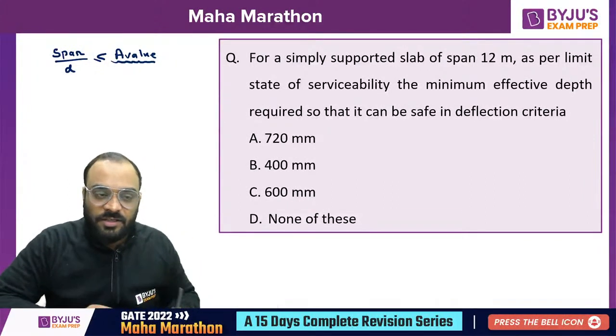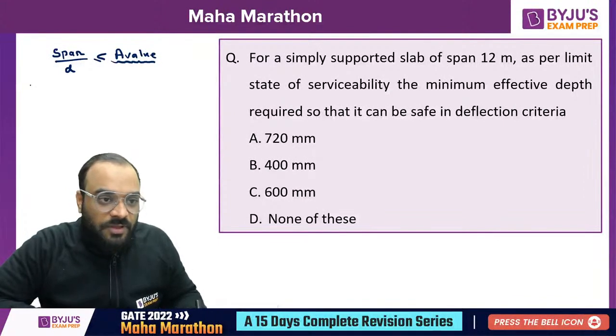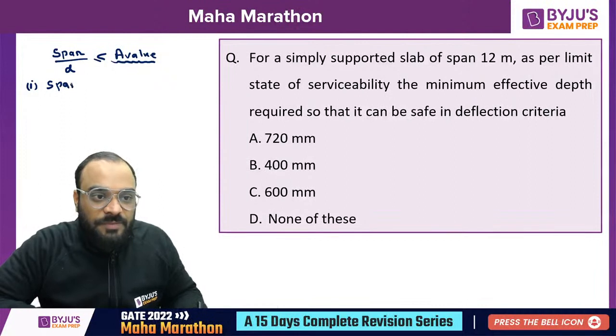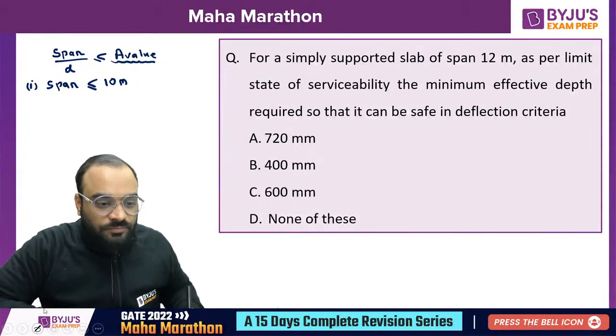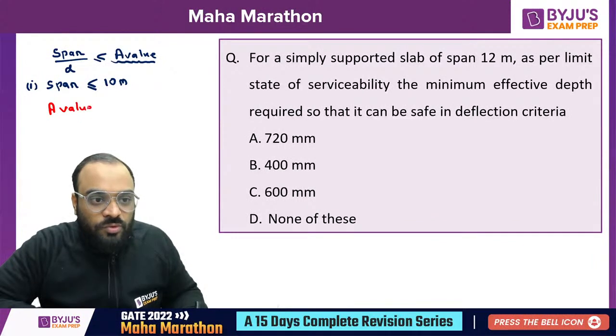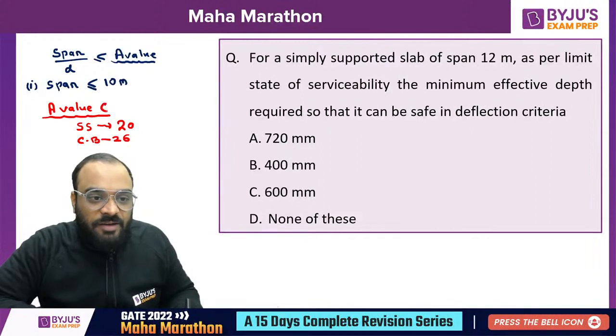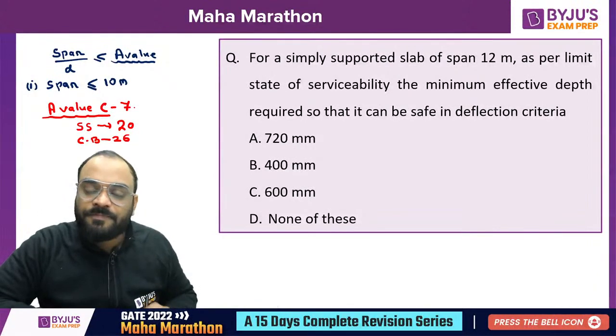Now let's understand the general condition first. Just imagine, guys, if the span of the beam is less than or equal to 10 meter, then the A value for a simply supported beam is 20, continuous beam 26, cantilever beam 7, correct?